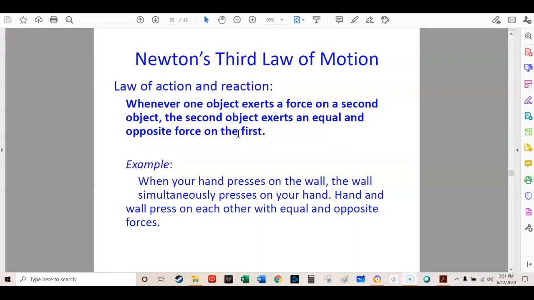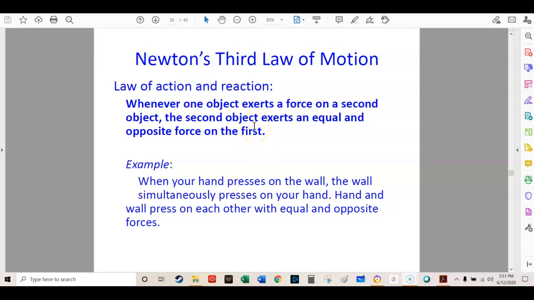We struggle more with the consequence of this. It's actually easy to accept forces are equal and opposite, but then when you think about the consequence of that, well, why did I get yanked off my feet when the elephant didn't? Right? Well, essentially, the elephant has more mass than you, so it's not going to have much of an acceleration. But while you were pulling on each other, the force is equal and opposite, okay?